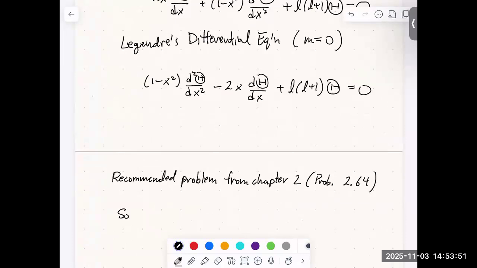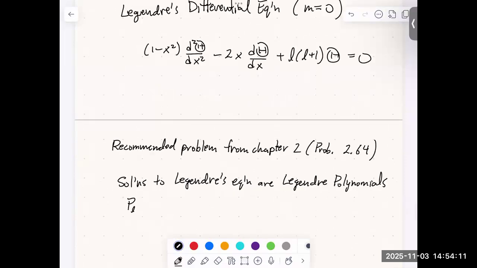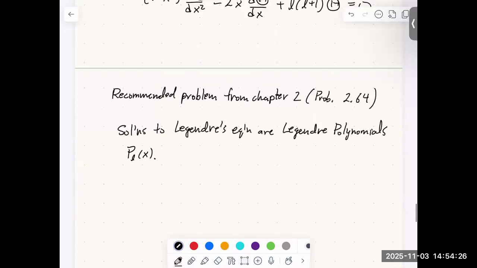So the solutions to Legendre's equation are the Legendre polynomials. They're denoted PL of x. It's just like for when we did the quantum harmonic oscillator, we had to derive these Hermite polynomials. So this is just another set of polynomials. Okay, so what you would do is you'd sub in a power series solution.